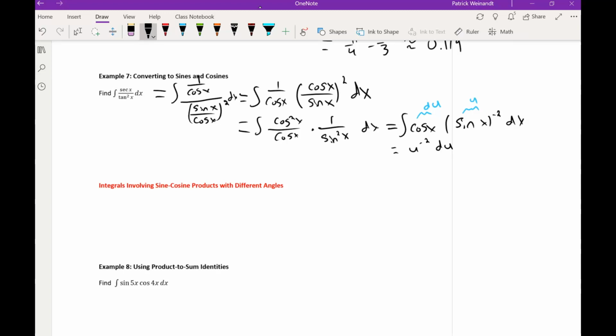This du needs our dx, then it would be our true du. But if sine of x is our u, what's the derivative of sine of x? The derivative of sine of x is just positive cosine of x, so we're good there. It's just u to the -2nd du. The integral of that, where our u is sine of x: add 1 to the exponent, it's going to be sine of x to the -1st, divided by -1, and then plus c.